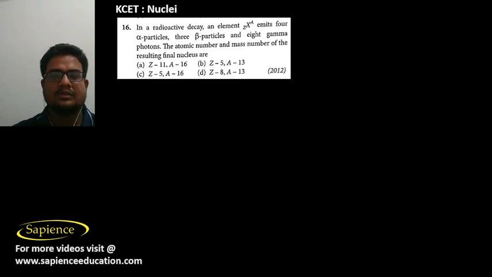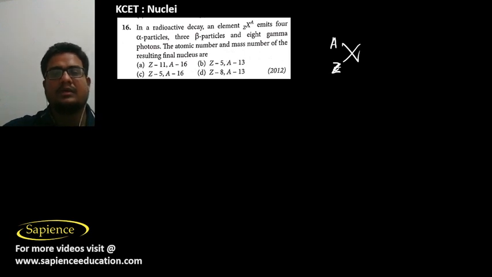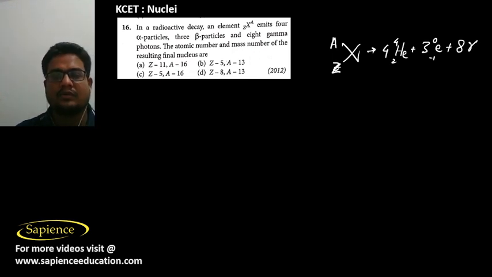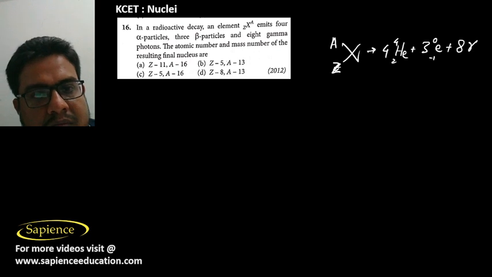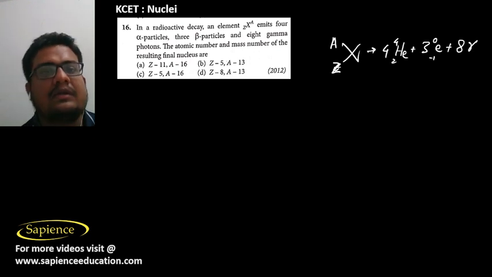And in question number 16, it is told that in a radioactive decay, an element X with atomic number Z and mass number A emits 4 alpha particles, He 2 4, plus 3 beta particles, e minus 1 0, and 8 gamma photons. Then what are the atomic number and mass number of the resulting final nucleus?